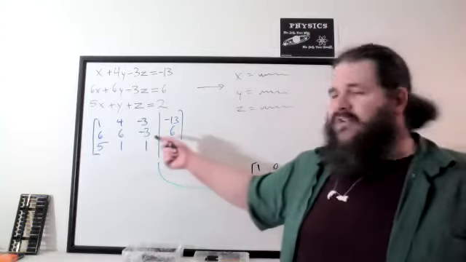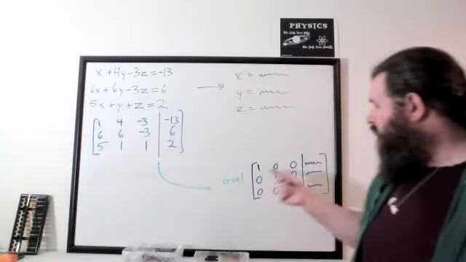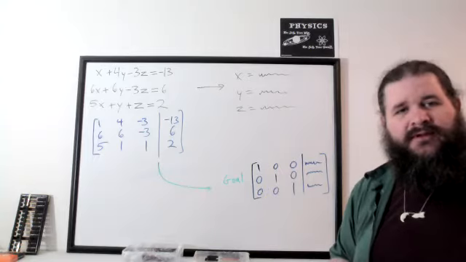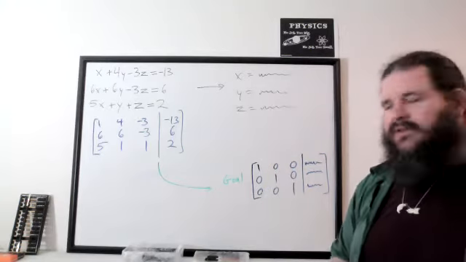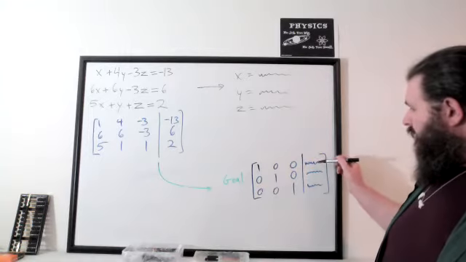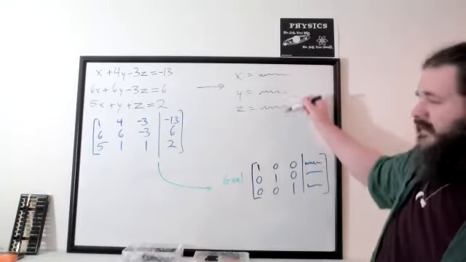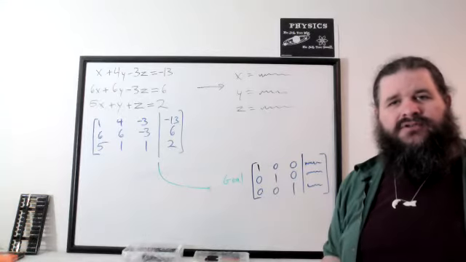So when you're solving a system of equations using an augmented matrix, your goal is to row reduce it to the identity matrix if possible. It's not always possible to turn it into the identity matrix. If you can turn this into the identity matrix, then these numbers are the values of x, y, and z. So that means you'd have that solution, and that's your only solution.